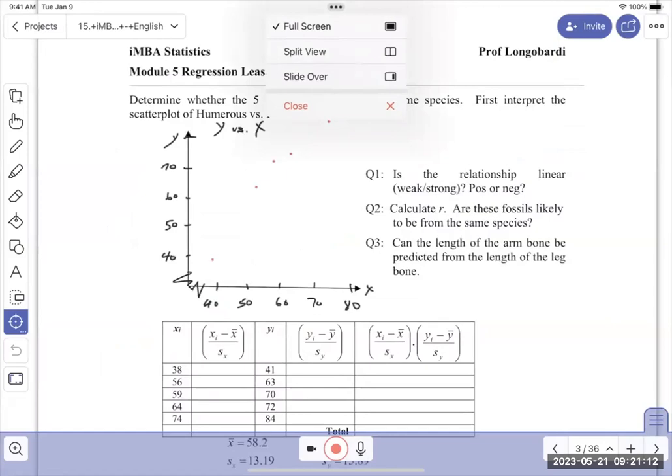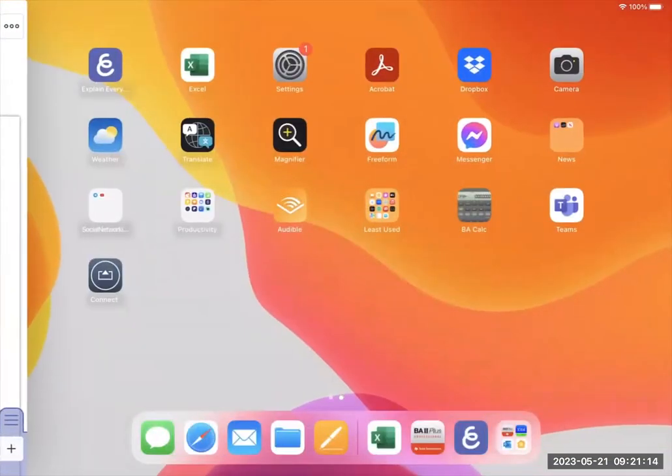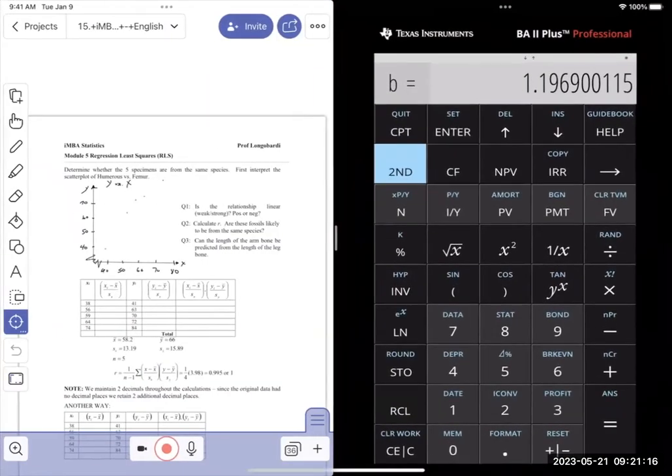So back to our data, we got A was negative 3.66, B was 1.1969. I mean, it's pretty much 1.2. And R is 0.9941.